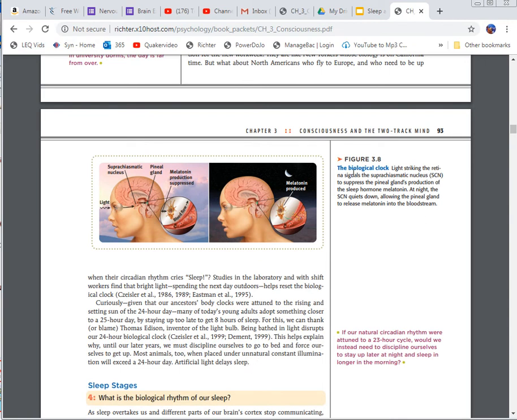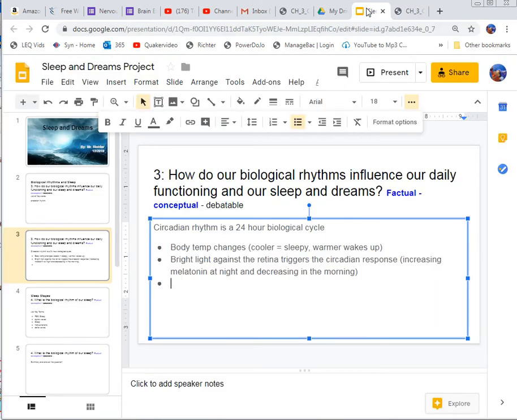And in here it explains a little bit more about the melatonin coming from the hypothalamus. So hopefully, let's go back to that. Basically, how do our biological rhythms influence our daily functioning and our sleep? Well, basically the light is how it happens. The light is the process, the light coming in against the retina.